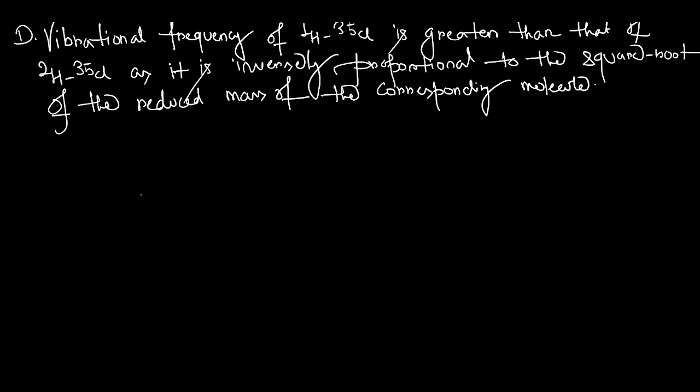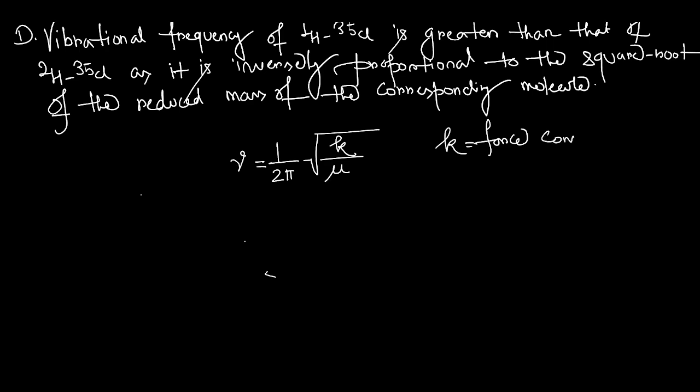If you look at the vibrational frequency of a molecule, you can write it like this under harmonic approximation: 1 by 2 pi root of K by mu, where K is force constant and mu is reduced mass. Okay, now what does the force constant actually tell?